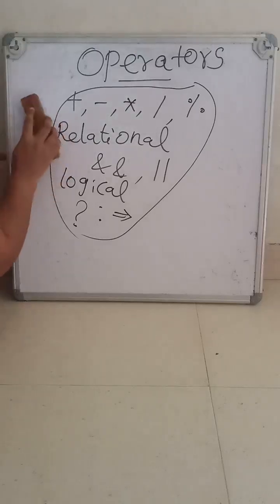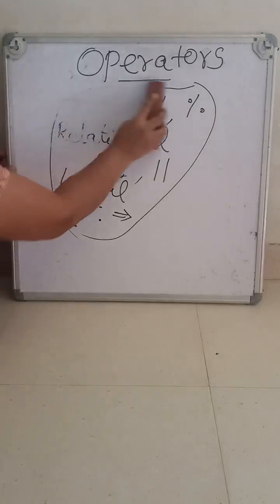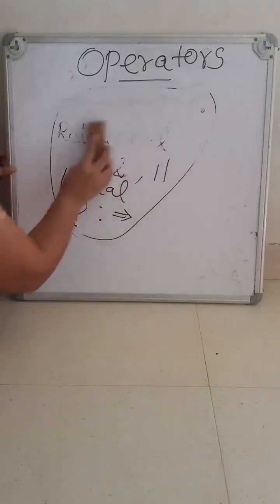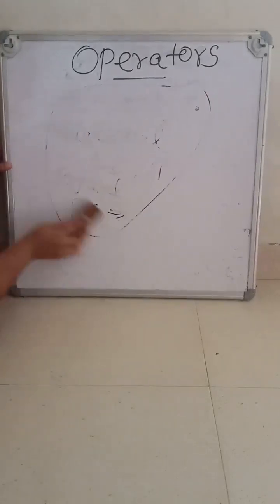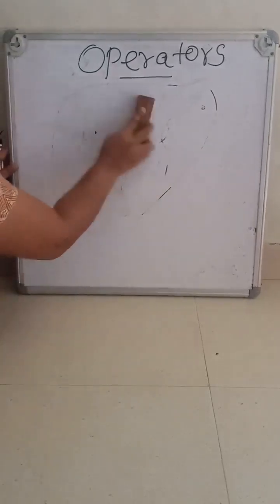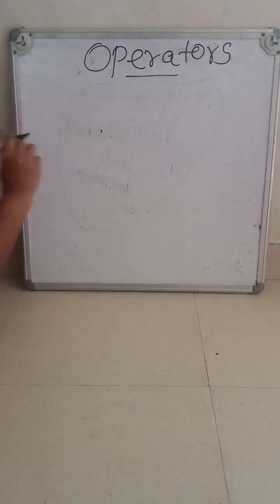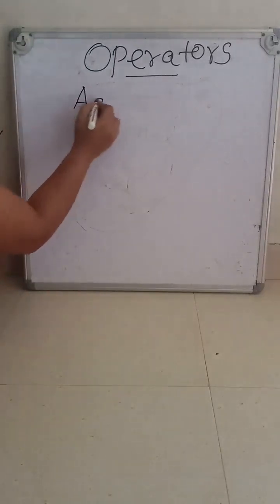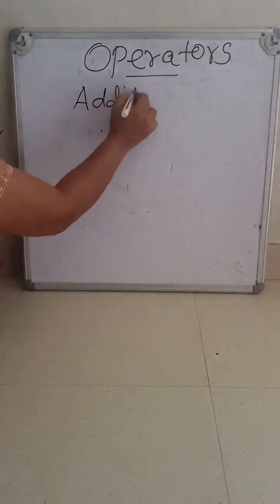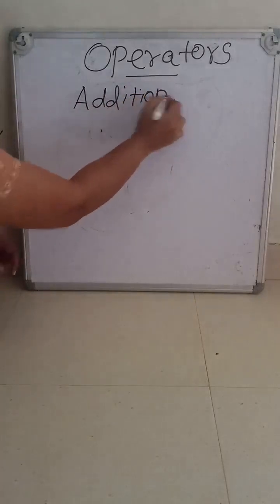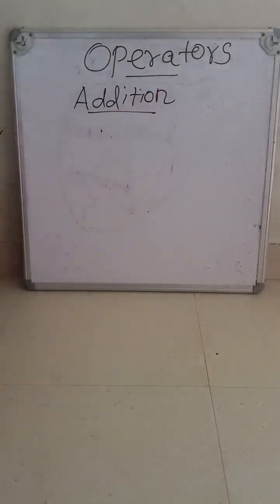Okay, so now we will see how we are going to use these types of operators in the C program. First, consider the addition program. I am going to write the program for performing the addition operation.